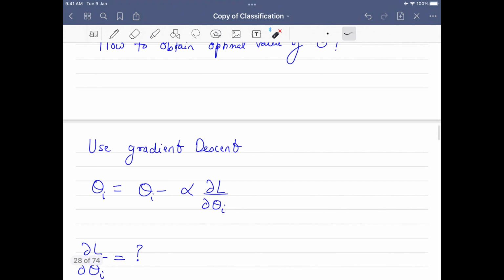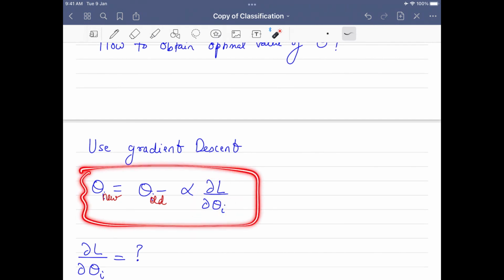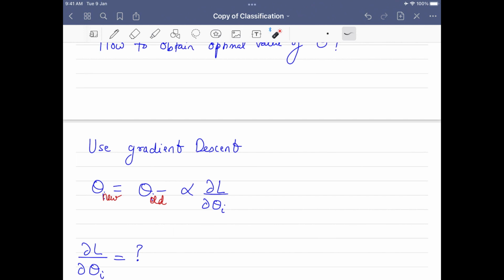As you can recall, the gradient descent that we were using last time updates the new value of theta_i, which is equal to the old value of theta_i minus alpha times the derivative of the loss with respect to theta_i. So this you already know from our previous exposure to gradient descent.